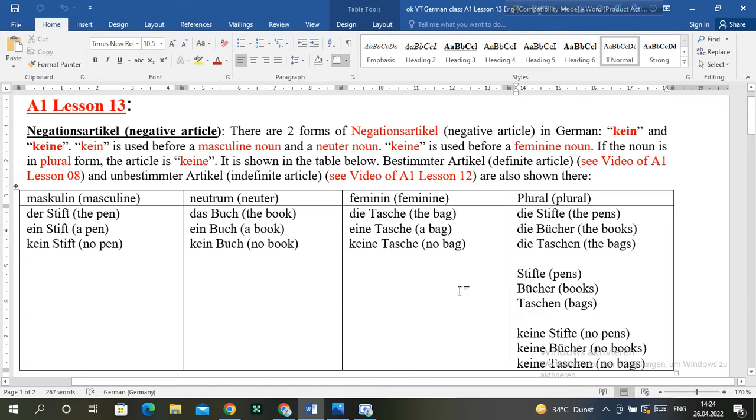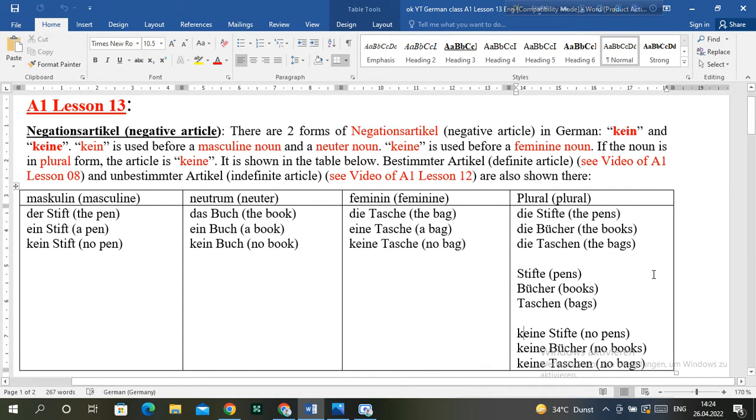And if we want to take an indefinite article before a noun in the plural form, then we don't use an article, we use the noun without article. As for example, Stifte, pens, Bücher, books, Taschen, bags.